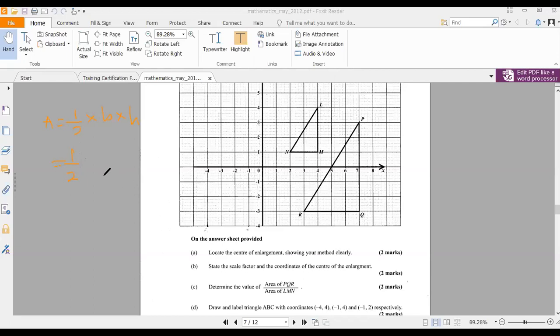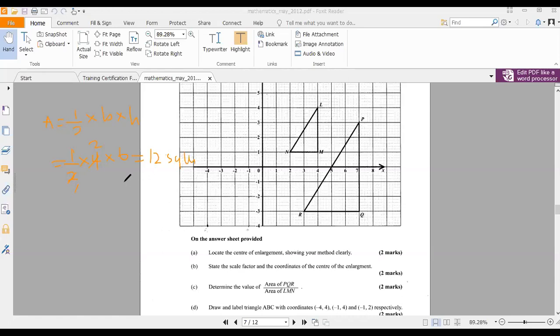So I take times 4 times 6, right? 2 goes into 4 two times, 2 times 6 gives me 12. 12 square units, right? Is that okay?